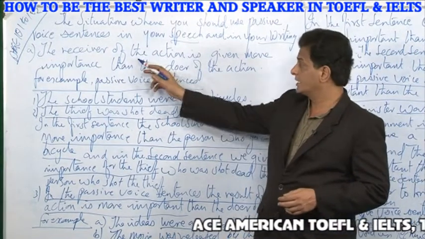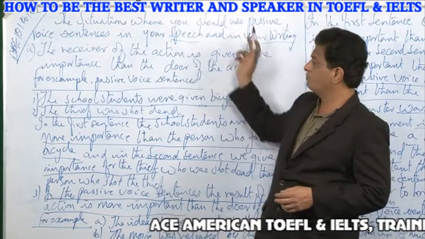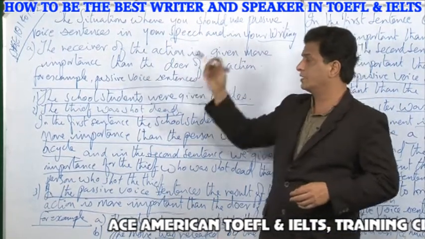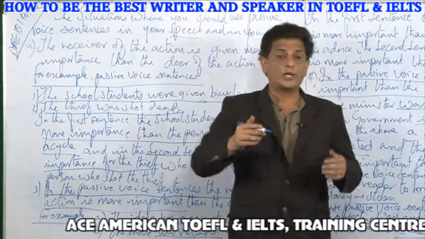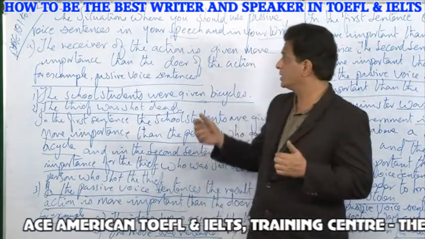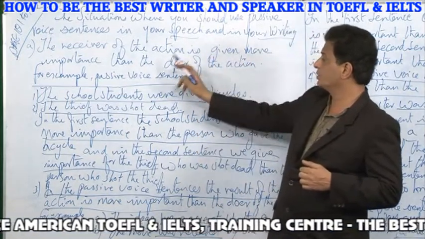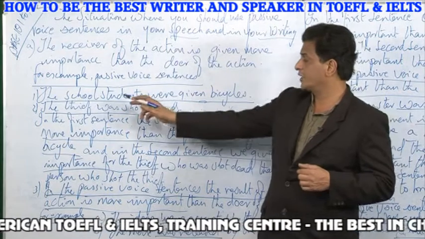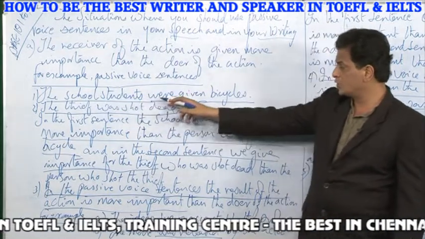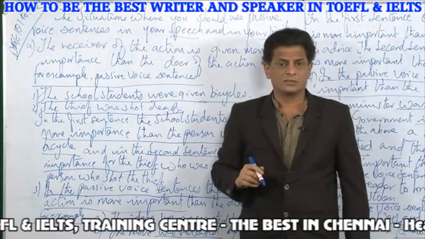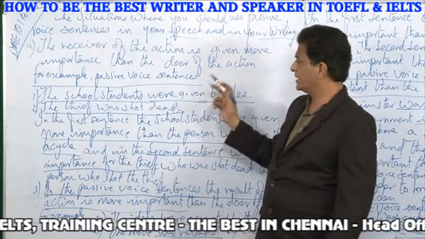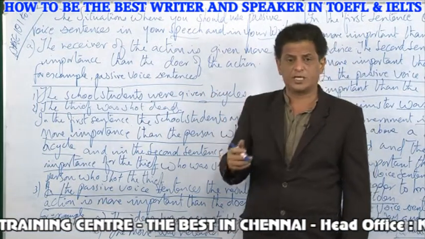Number 1, the receiver of the action is given more importance than the doer of the action. So when the receiver of the action is given more importance, then you use the passive voice sentence. For example, the school students were given bicycles. The school students were given bicycles free of cost, that is from the Tamil Nadu government.